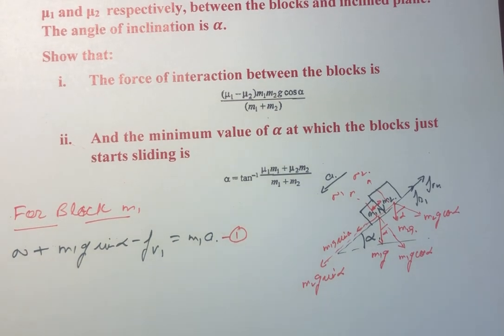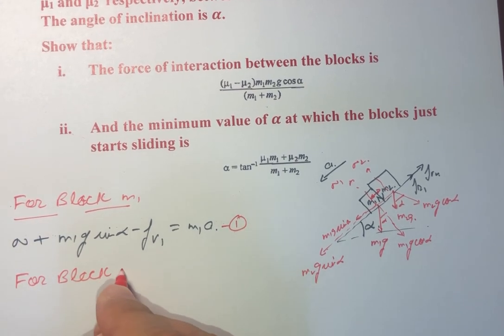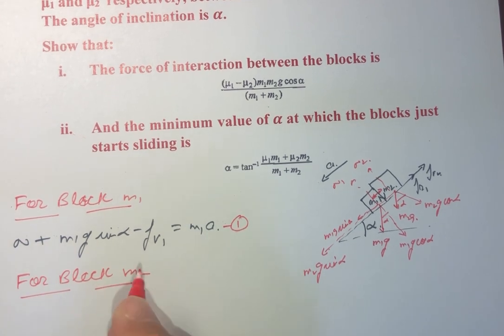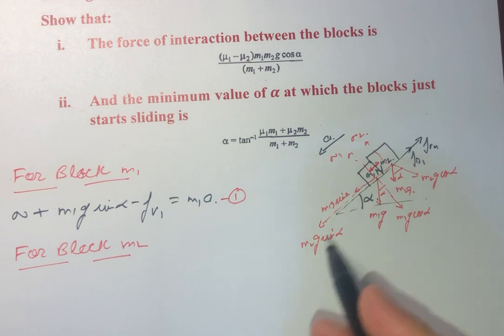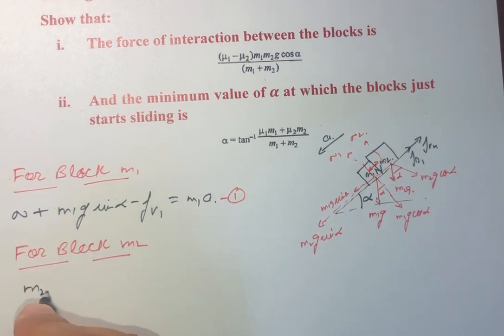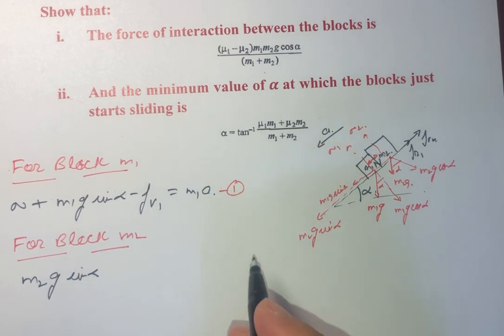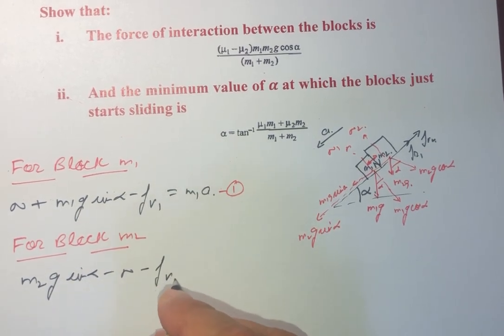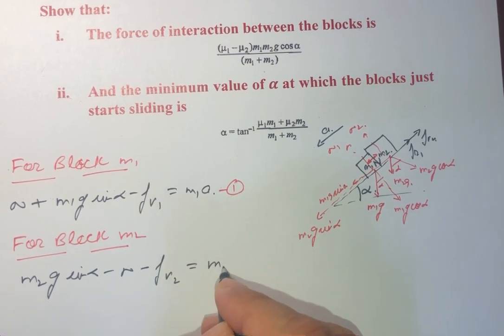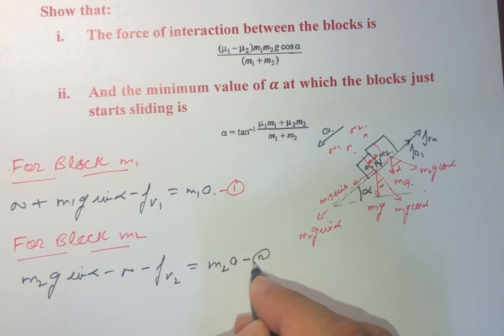And similarly we can write for block m2: we have m2 g sin alpha, and this will be minus n and minus fr2, equal to m2 a, and let us call this equation number 2.